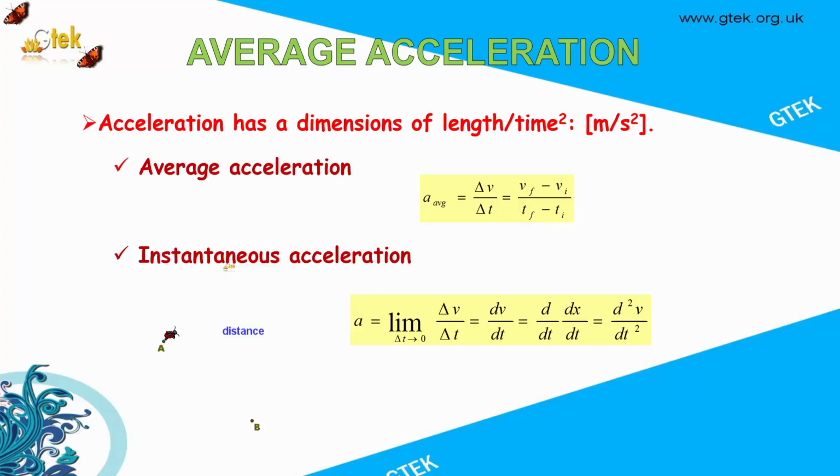And instantaneous acceleration will be calculated as A equal to limit del T tends to 0 of del V divided by del T, equal to dV by dt, that is equal to d divided by dt of dx divided by dt. So we get the answer as d squared x divided by dt squared.